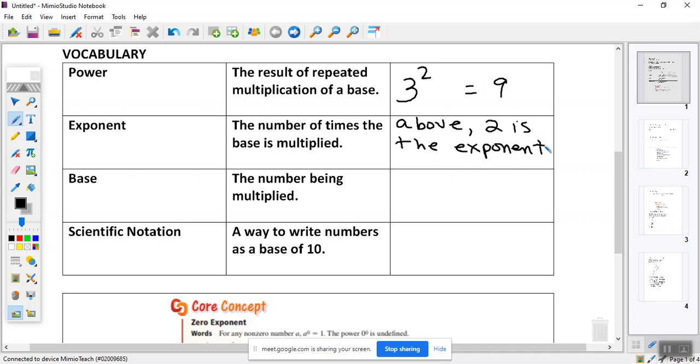Now some people say that 2 is the power, kind of, but 3 to the 2nd, that whole expression is the power. This whole thing is the power up here. Okay. Well, guys, then base right here says it's the number being multiplied. So in the example above, what's the base? Okay, you guys know this already. I don't doubt that. Want to make sure we establish this. Above, 3 is the base.